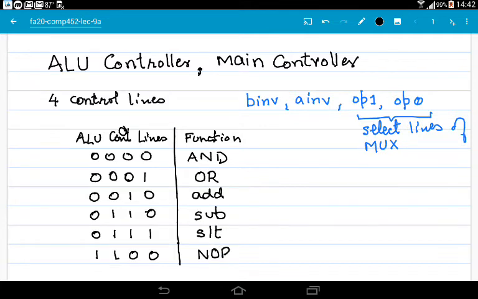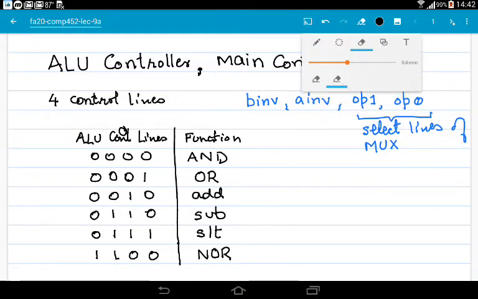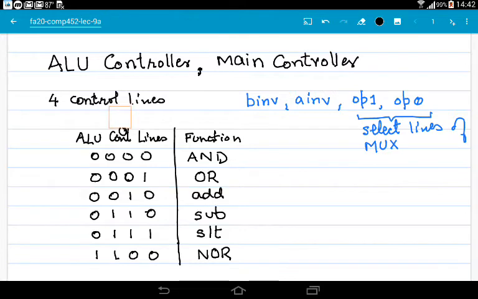Now I have just reproduced this table from your textbook. If I'm not wrong, it's given on page 140.